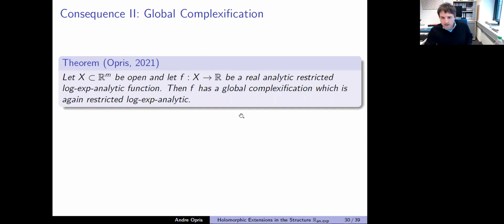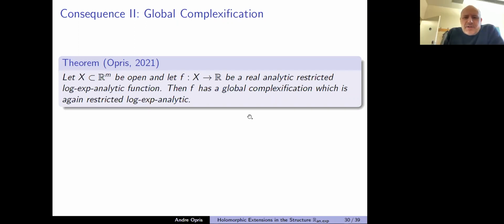So we have it for families. Isn't the question here that once you have a global definable complexification in several variables, doesn't that give you automatically a definable complexification? Only if the parametrization is real analytic, right? If the parametrization is not real analytic, then it's not clear. If the entire family of maps is itself a real analytic map, yes. Then of course, yes.